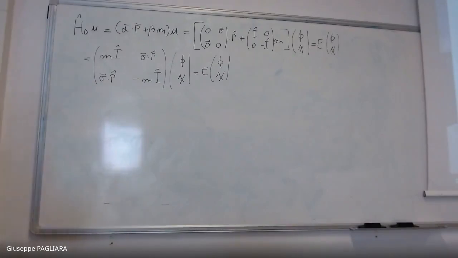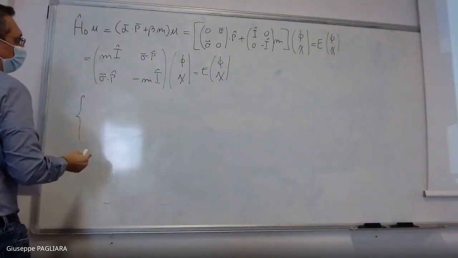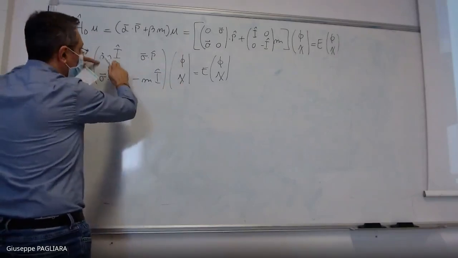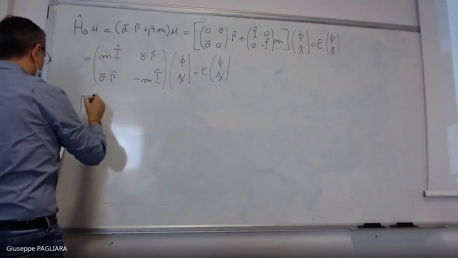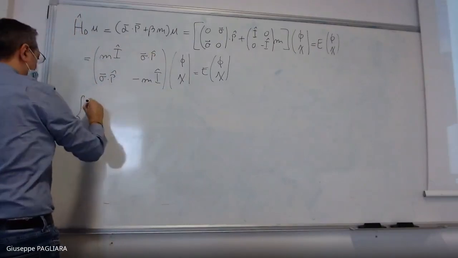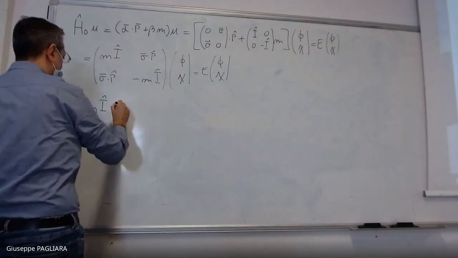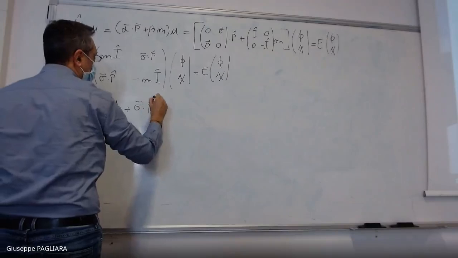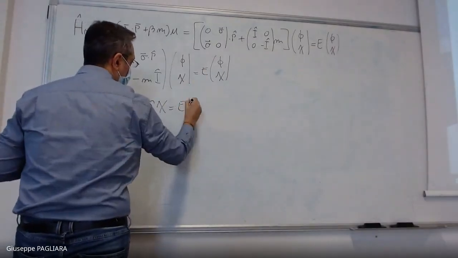Now we can translate this into a system of equations. So let's make the product of the matrix with this column vector. So this times this plus this times this. And then on the first line we have mI phi plus sigma dot p chi equal to E phi.